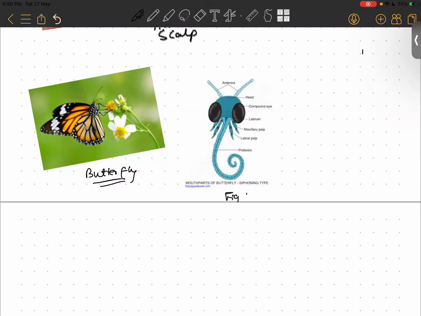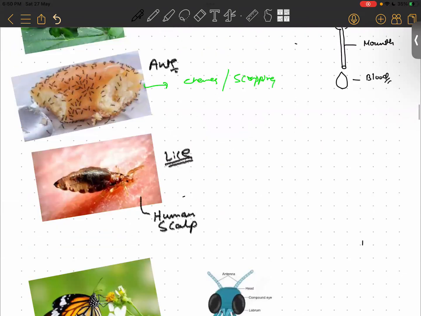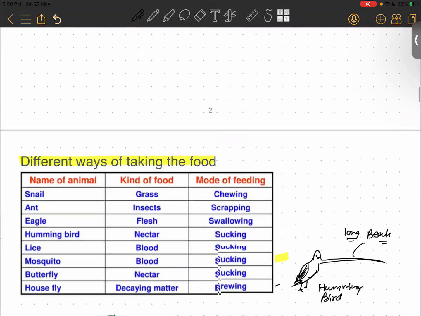You can see how it has a very long mouth. This is a zoomed image of the mouth of a butterfly, and the mouth of the butterfly is called proboscis. Via their proboscis, they suck up the nectar from the flower. So butterfly takes its food by the method of sucking, as mentioned here.